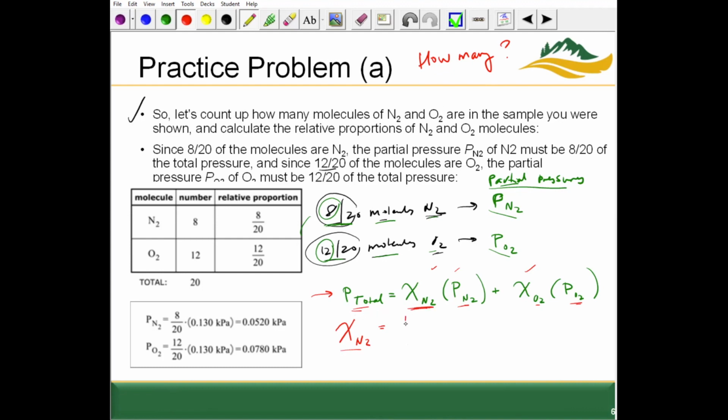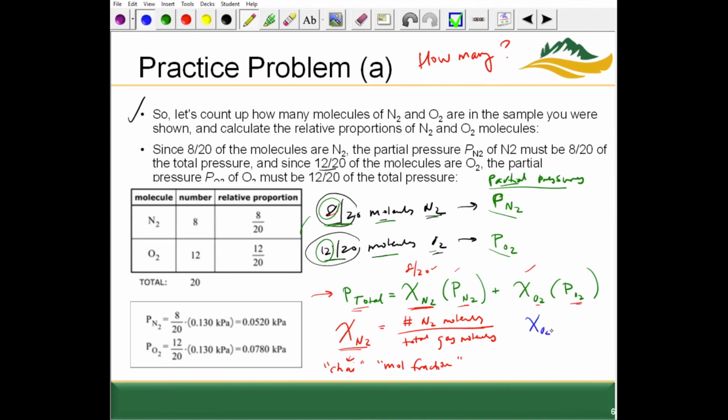This is the number of N2 molecules out of the total gas molecules. So we already found chi N2 to be the number of N2 molecules, which is 8, divided by the total gas molecules, which is 20. So chi N2, or the mole fraction, is 8 out of 20.